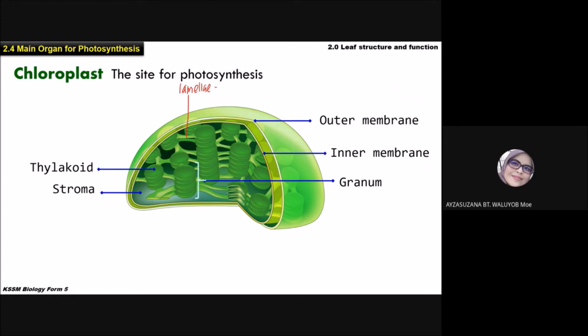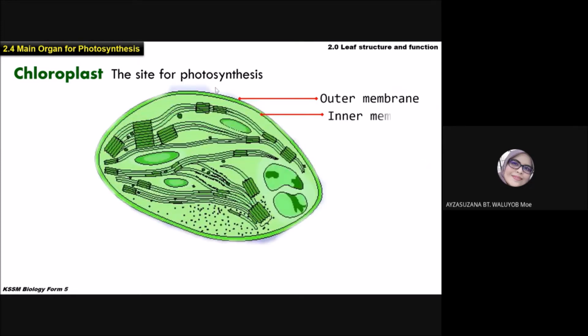Okay, lamella. Outer membrane, inner membrane, thylakoid. Okay, arrangement of the thylakoid is granum dan stroma. So, rantai-rantai inilah yang menghubungkan antara thylakoid dengan thylakoid inilah kita namakan sebagai lamella.